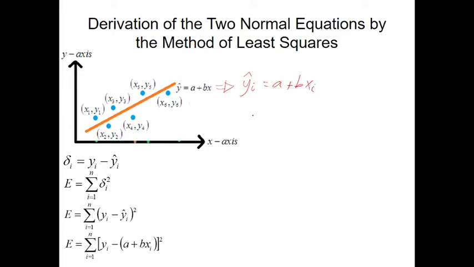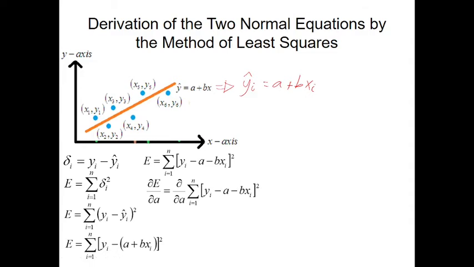Okay? So, pwede natin gawin yon in terms na merong i. And then, we can simplify. We distribute the minus sign inside the parenthesis. So, we'll obtain y sub i minus a minus bx sub i. Okay? And then, we square it. Then, we take the summation.